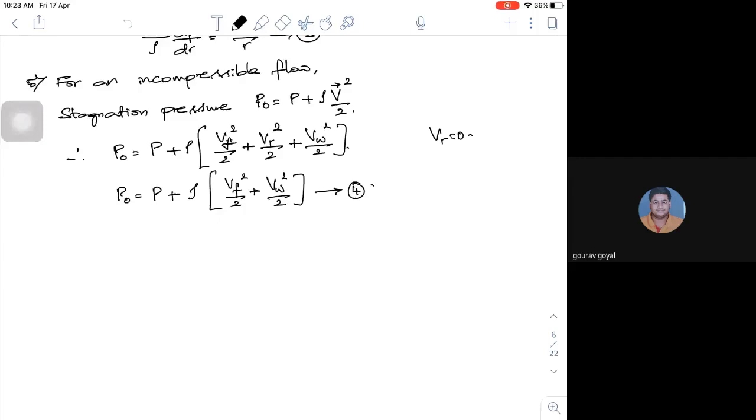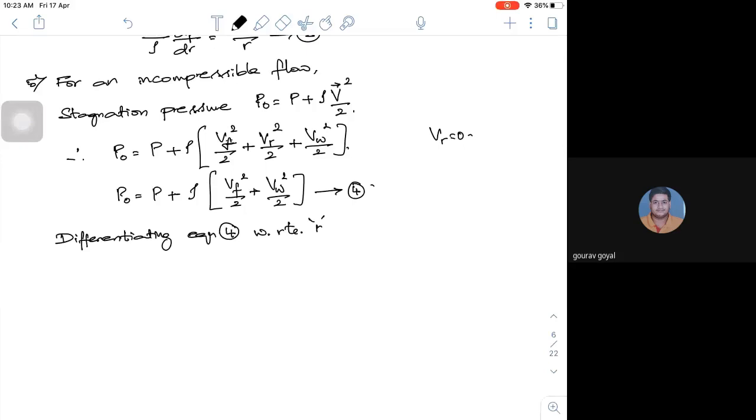So differentiating equation 4 with respect to r, because r is the varying parameter, the radius.